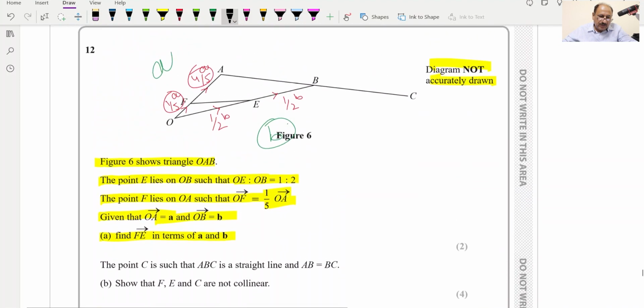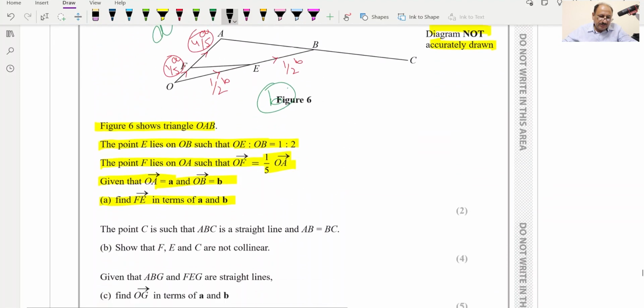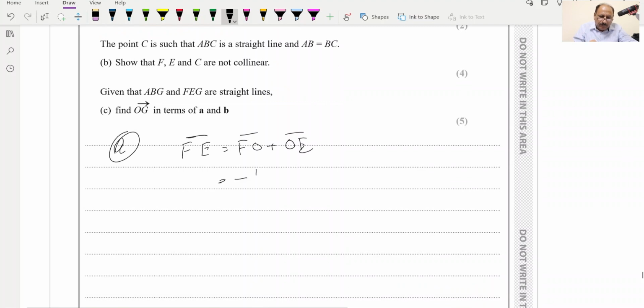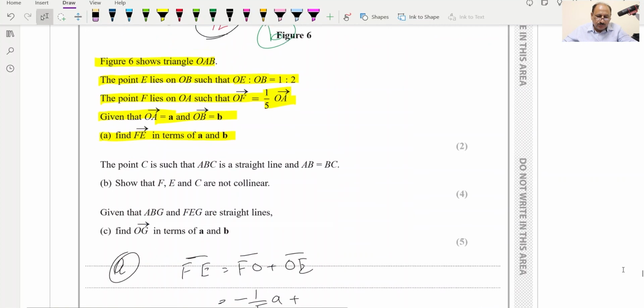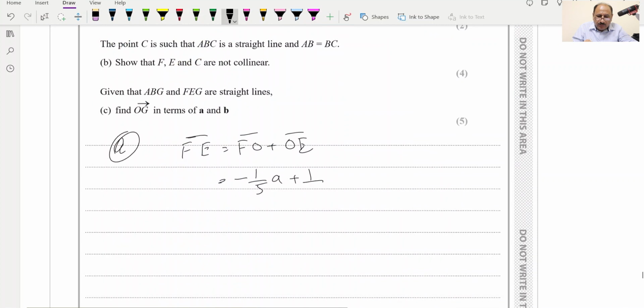FO is minus 1 over 5a, plus OE, which is 1 by 2b. So this can be the answer, or we can write it as 1 by 2b minus 1 by 5a. So this is also correct.